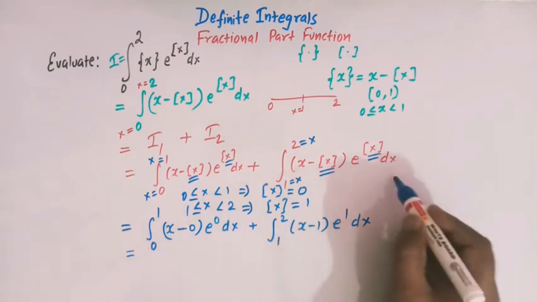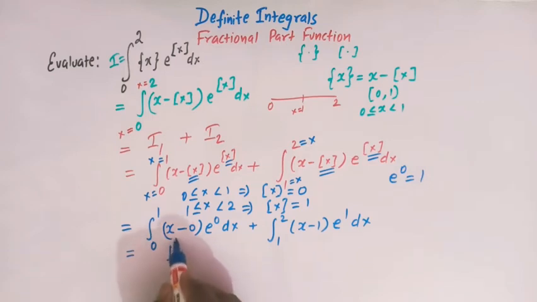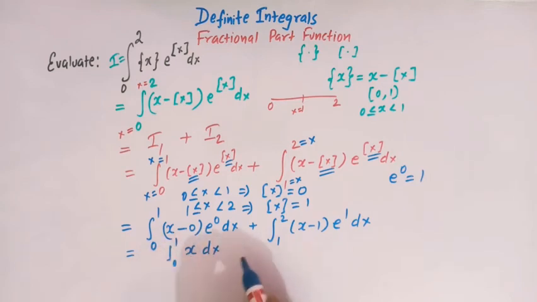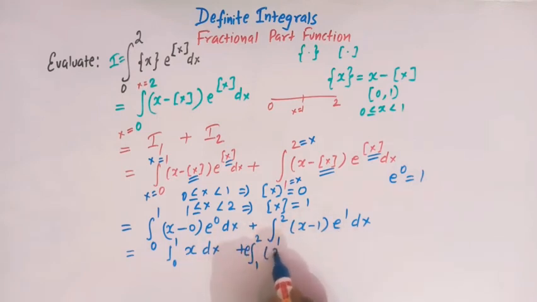We know that e raised to 0 is 1, so we have the integral from 0 to 1 of x dx, and from 1 to 2 we can take e outside, so we have e times the integral of x minus 1 dx.